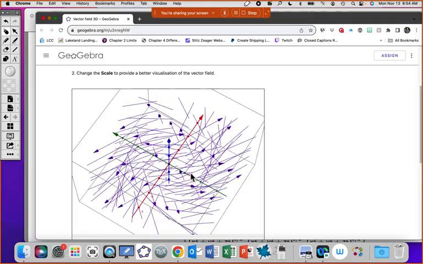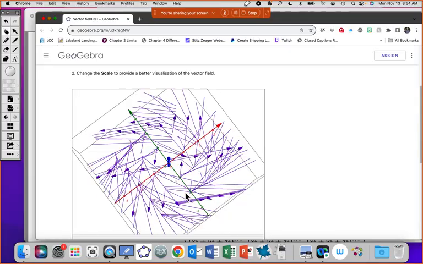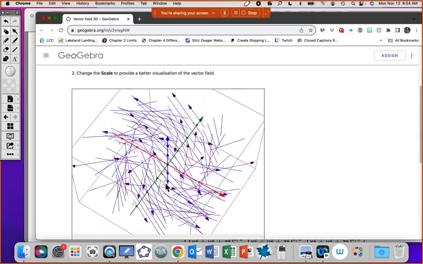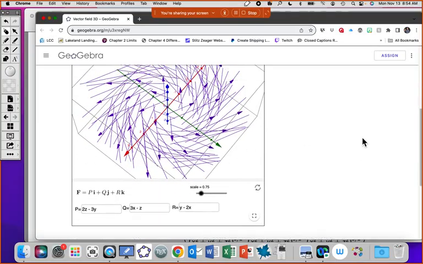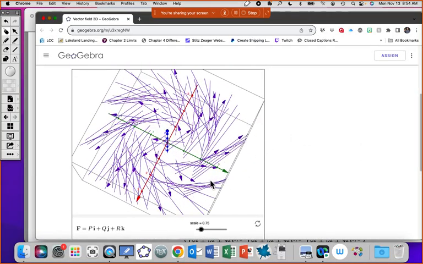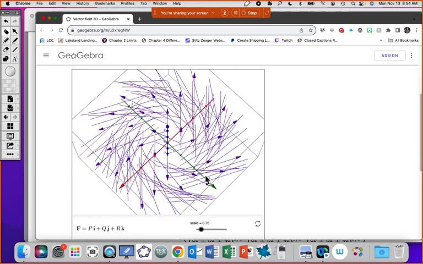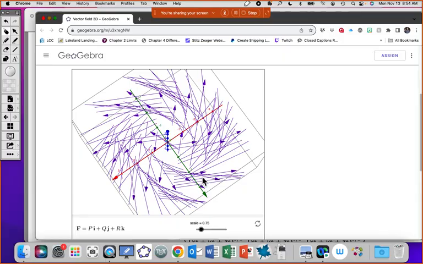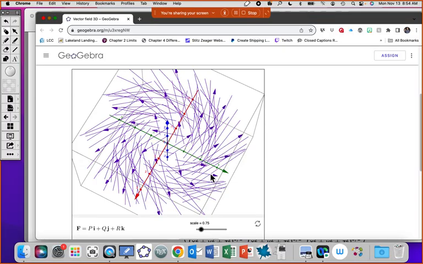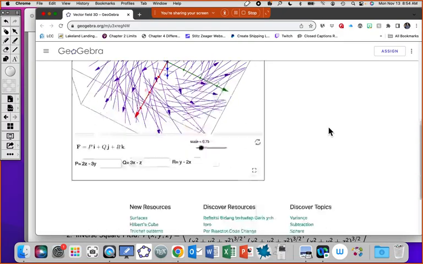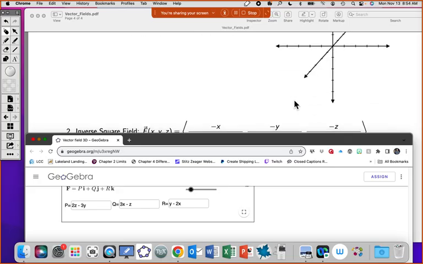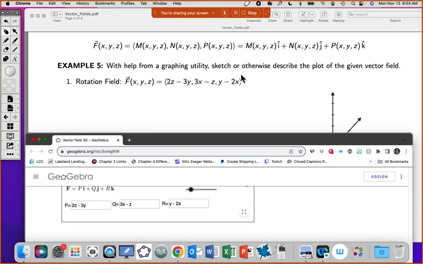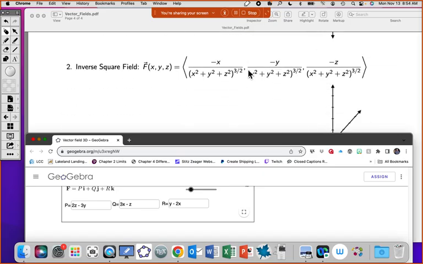It looks like a jumbled mess, but you should be able to orient it to see some rotation. Let me make sure I typed it in right. Yeah, you can see the rotation there, I think. You can get a sense of the rotation there. It's like a swirling vortex. And once again, that's the notion that there's a curl involved there.